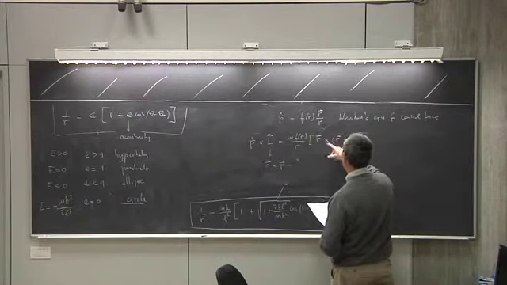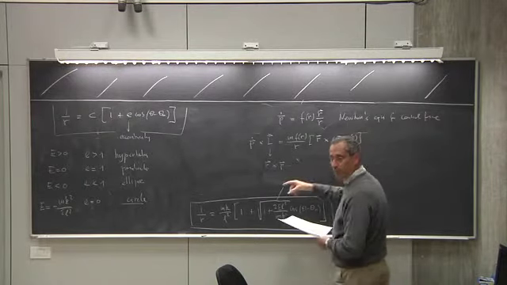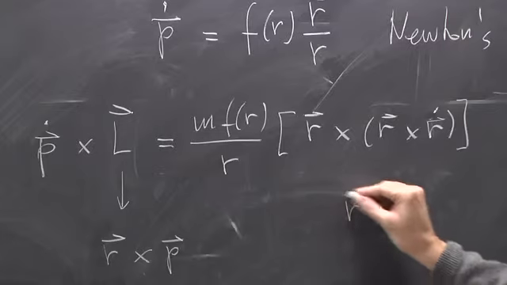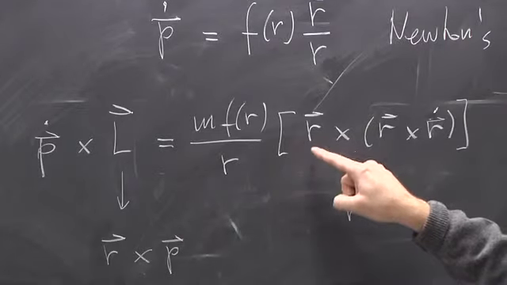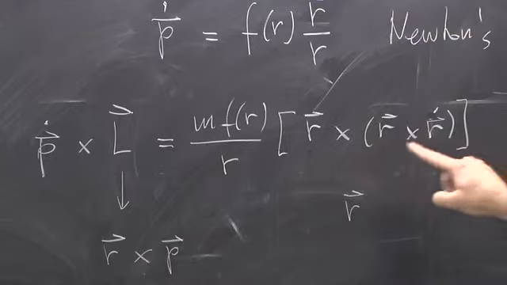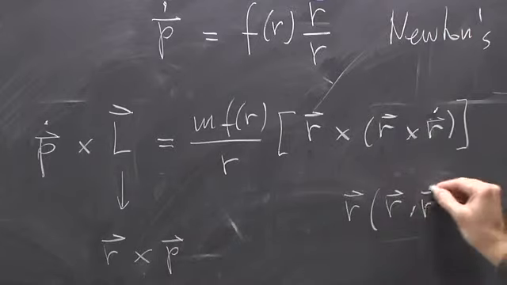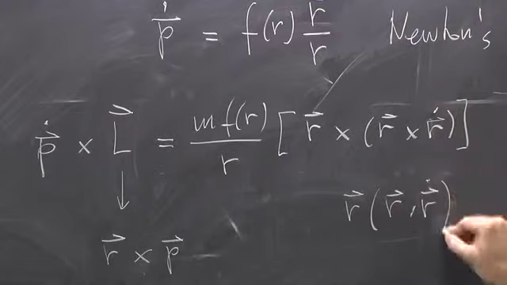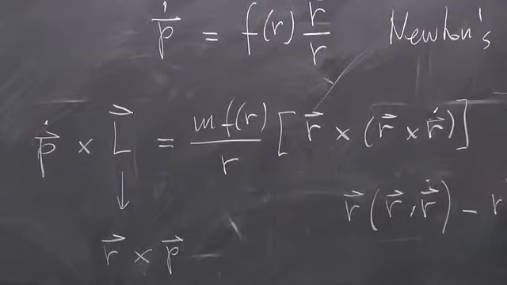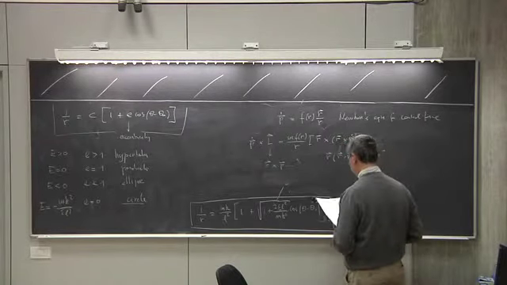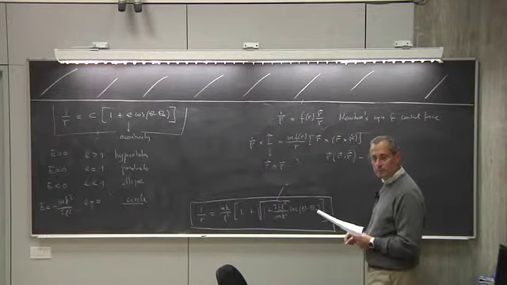Just use this triple vector product. So let me write it as R. If you have A cross B cross C, this is A, then R dot R dot, minus R square R dot. You remember this?